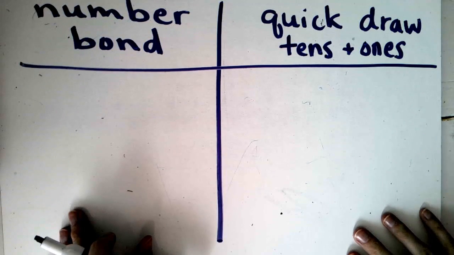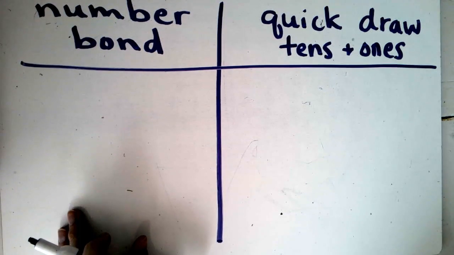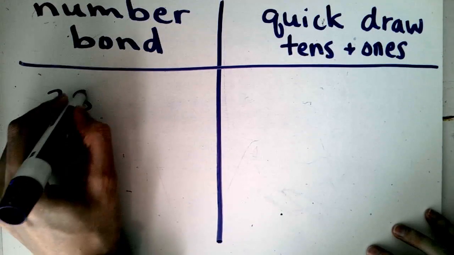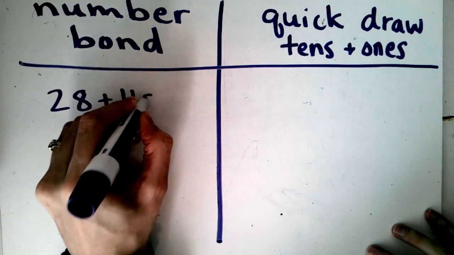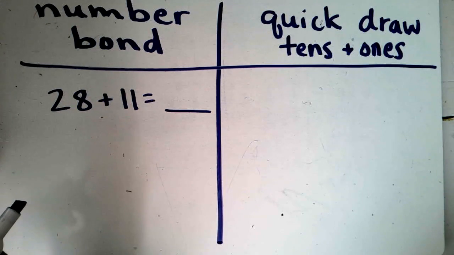All right, if we are doing the number bond strategy, and let's say we have a problem like 28 plus 11 equals something, okay? We want to figure out what 28 plus 11 equals. Here's what we do. Do you remember?